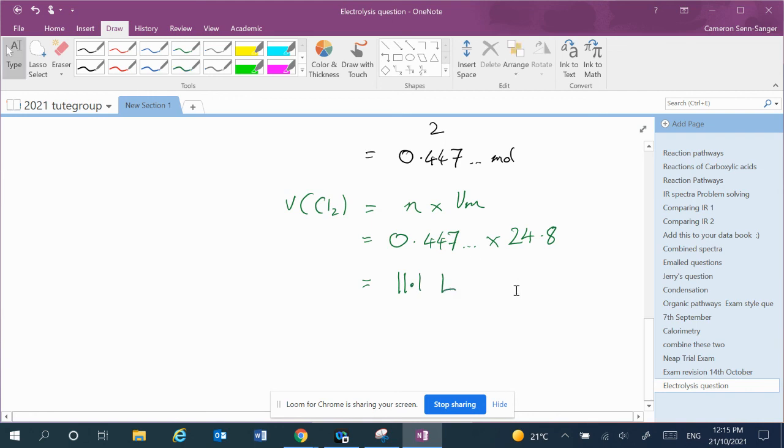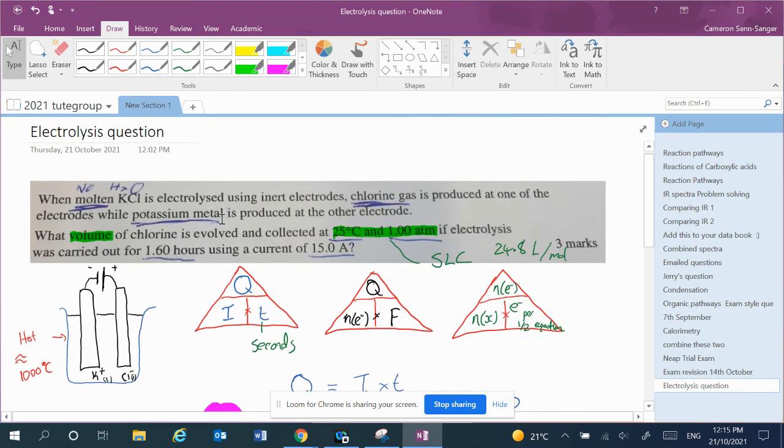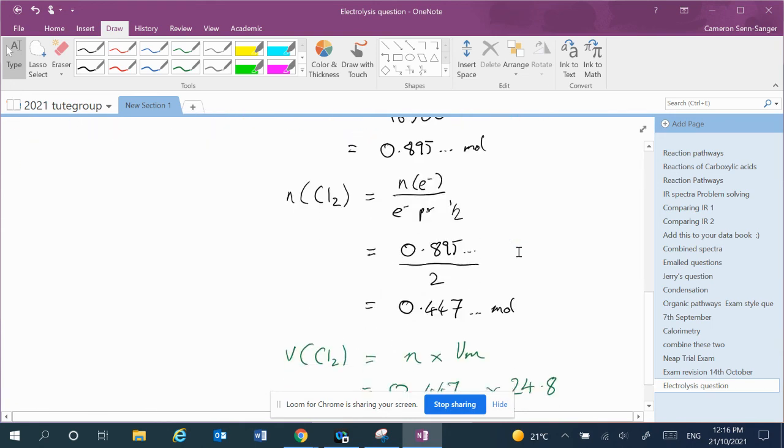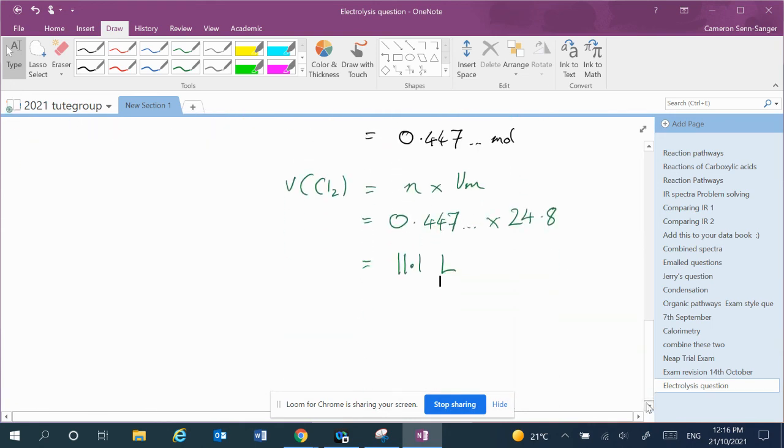At which point we should go back and check significant figures: 3 sig figs. We don't need to worry about this 25 degrees because the molar volume is given as 3 significant figures as well. All right, so that should be good.